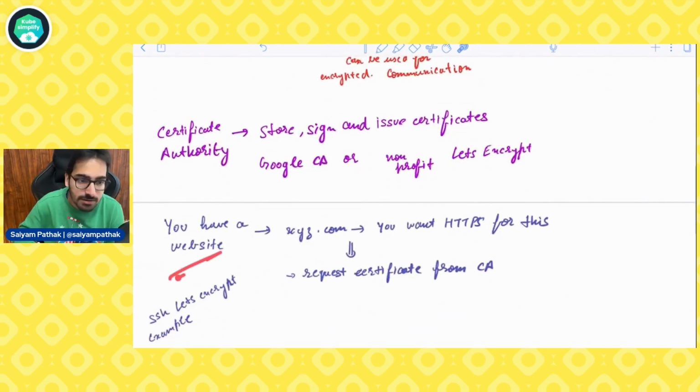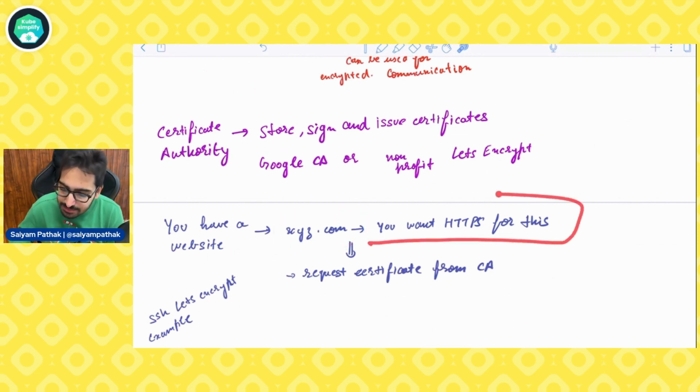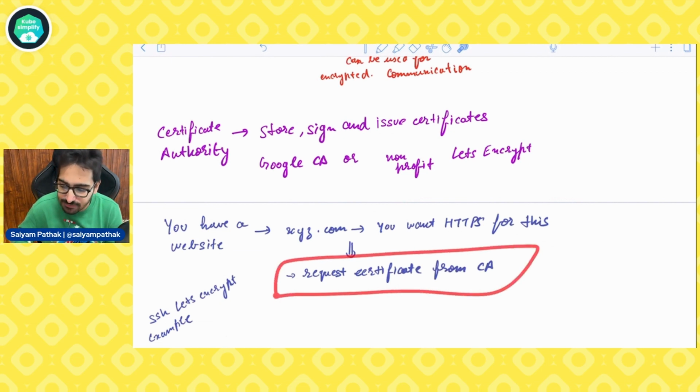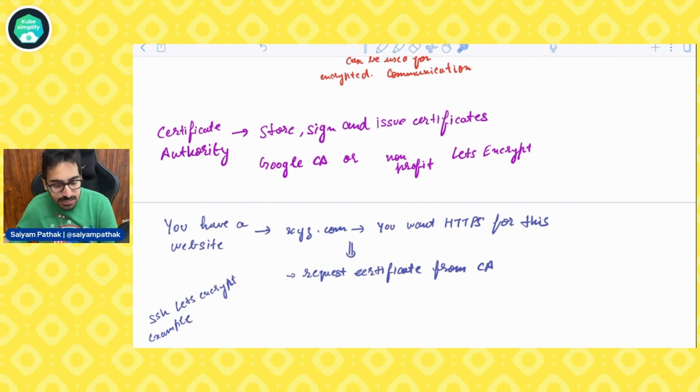Let's say you have a website, xyz.com, and you want HTTPS for that. So what you will do is request a certificate from a certificate authority, and the certificate authority will issue you a certificate based on certain steps.